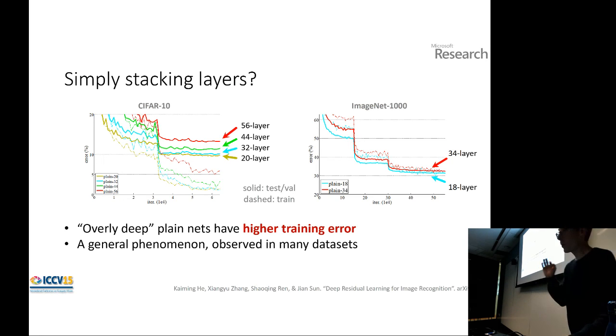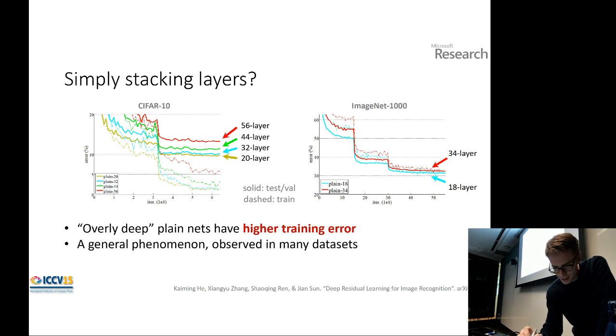So the first point of ResNet that they were making was that if you just take really, really deep plain convolutional nets, they actually have higher error as you go deeper. So here, lower is better. And so with a 20-layer net, you're getting this yellow line. 32-layer net, you're getting this blue, 44, this green, and 56, this red.